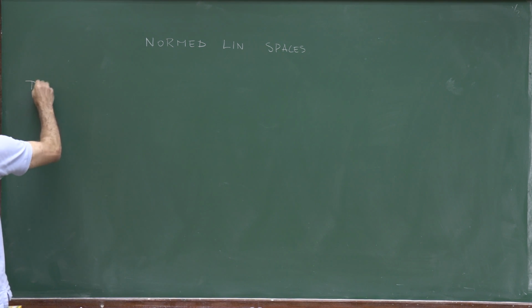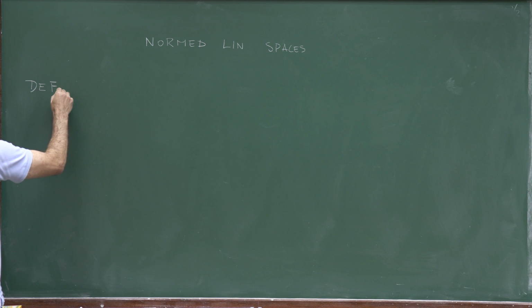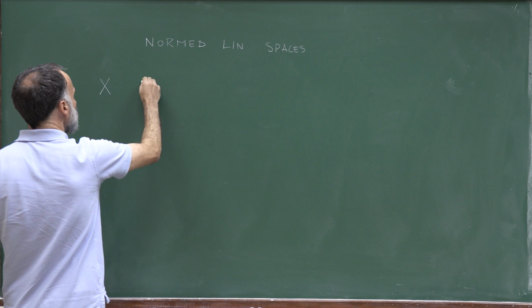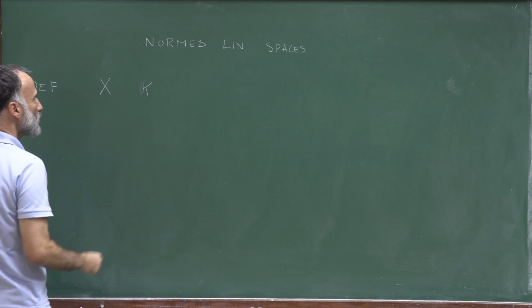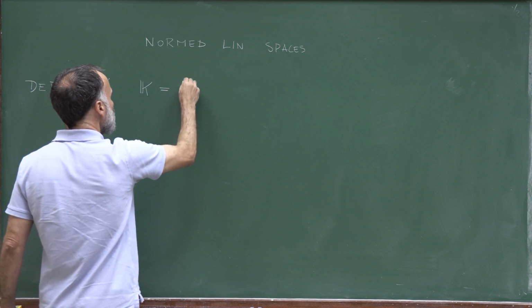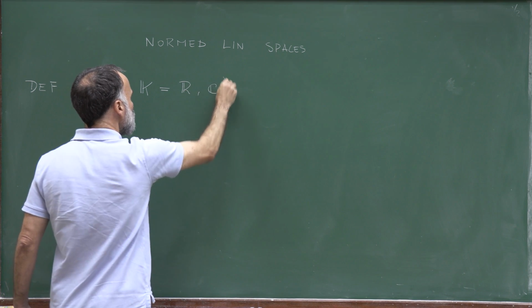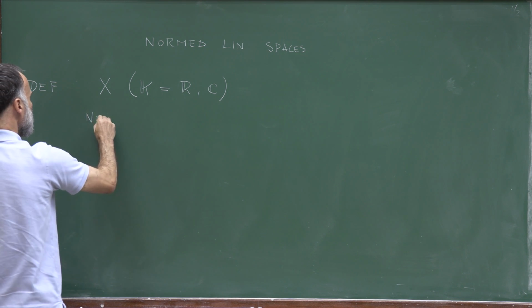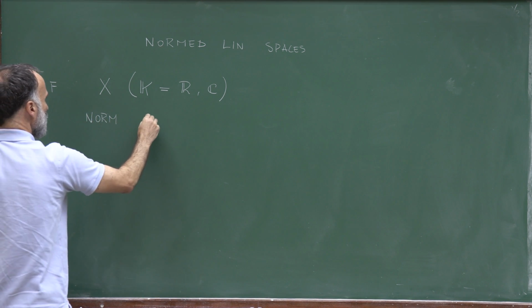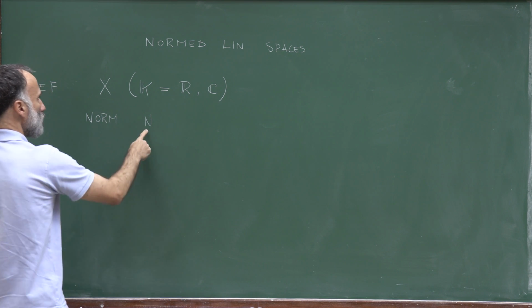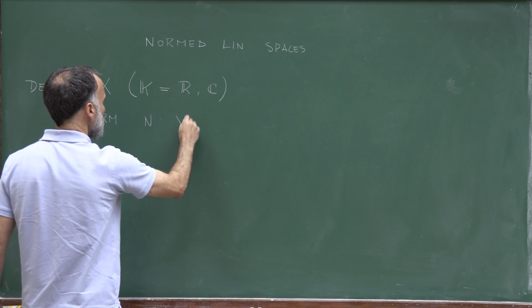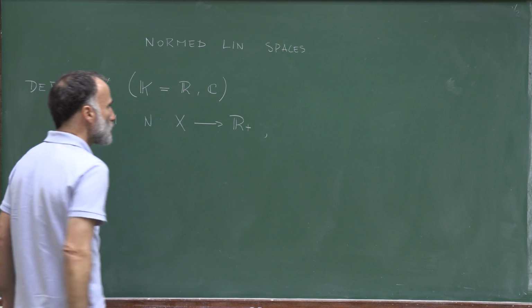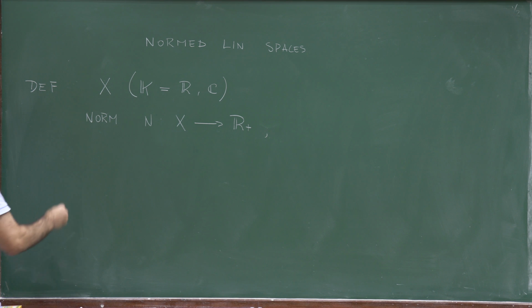A definition: we consider a linear space which will be represented by X. It has a field, K, which will be either R or C. And we say that a norm, which I will represent by n, is a function from X to R plus, which enjoys three properties.